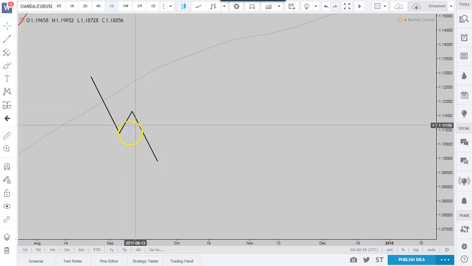Those people who bought Euro USD, let's say, and this is the actual Euro USD currency pair, those retail traders who bought Euro, their stop loss is just going to get hit, because their stop loss was up somewhere, and some of them don't even use a stop loss.